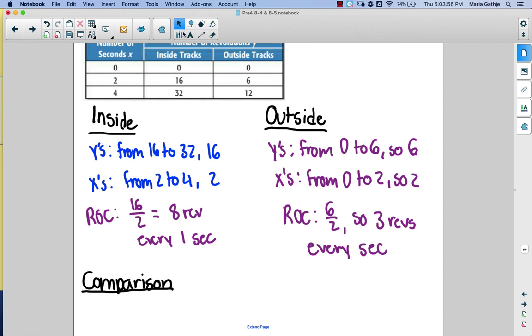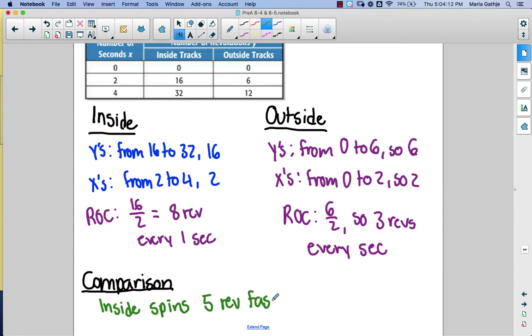So for our comparison then, you can say one of two things. You can say the inside spins 5 revolutions faster per second.